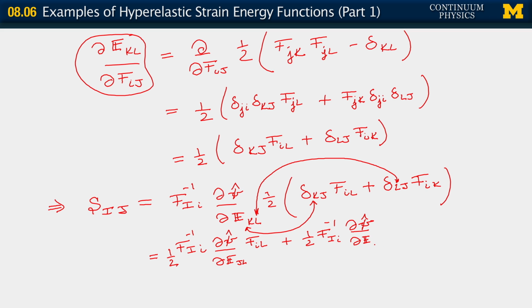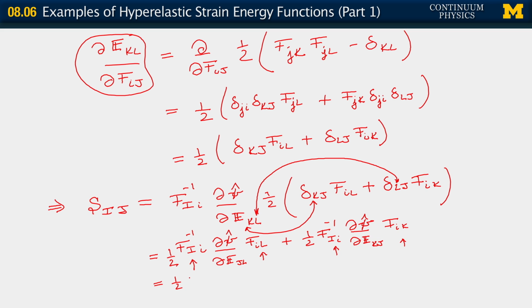Okay, and for the next term we have 1/2 F inverse capital I little i, and now the L from the Kronecker delta acts upon that L. Okay, and so we get a derivative of psi hat with respect to E. Let me see now what happens there. You get a kj F i k. All right. Okay, and now we see that very conveniently in both cases we have an F inverse F, and likewise here we have an F inverse F. Okay, so what happens there is that we just get two more Kronecker deltas.